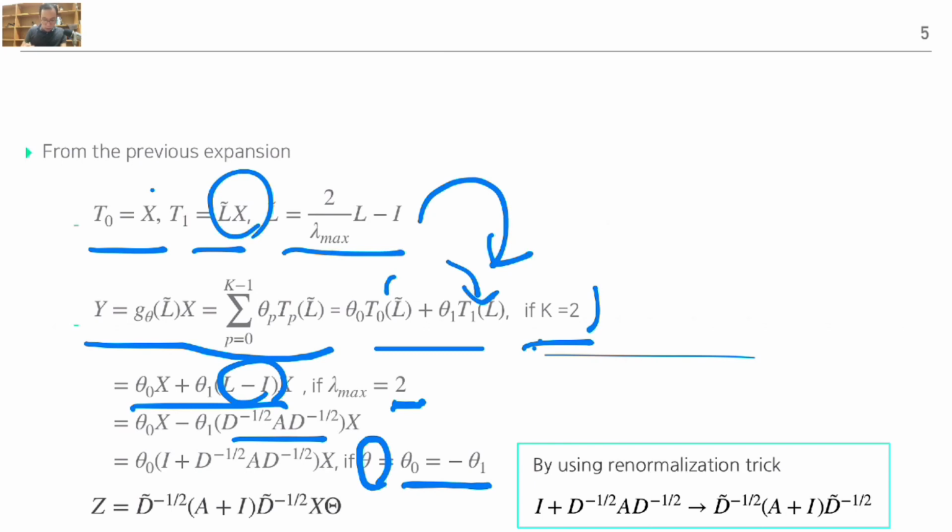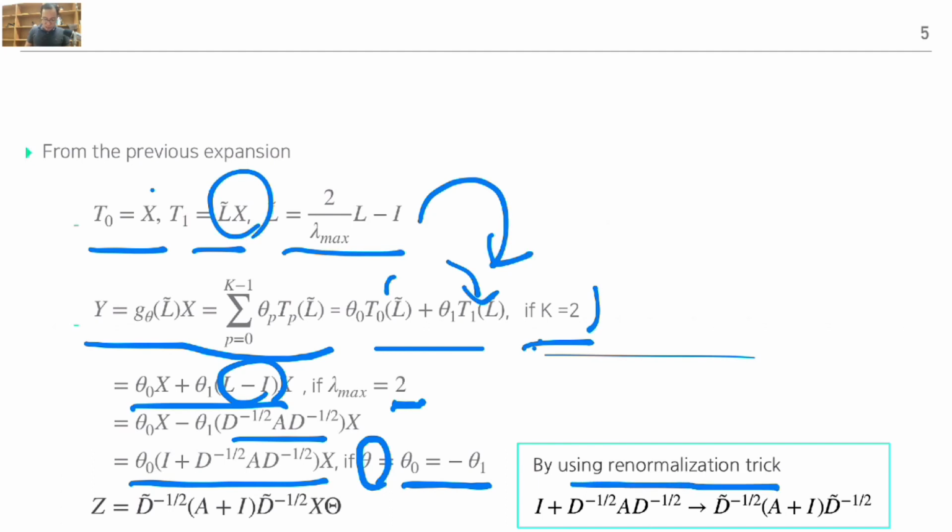We just assume that they share the parameter, and we also move the x toward the right side of this bracket, and we are able to get this. So this is something you are very familiar with, right? By using the renormalization trick.